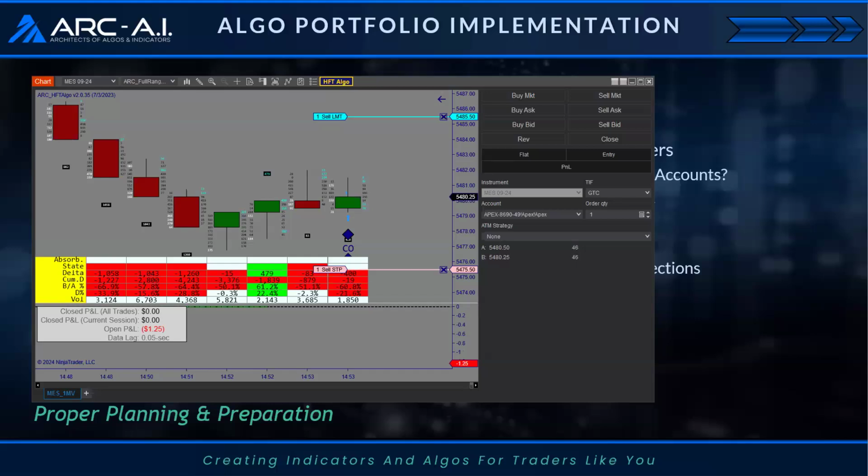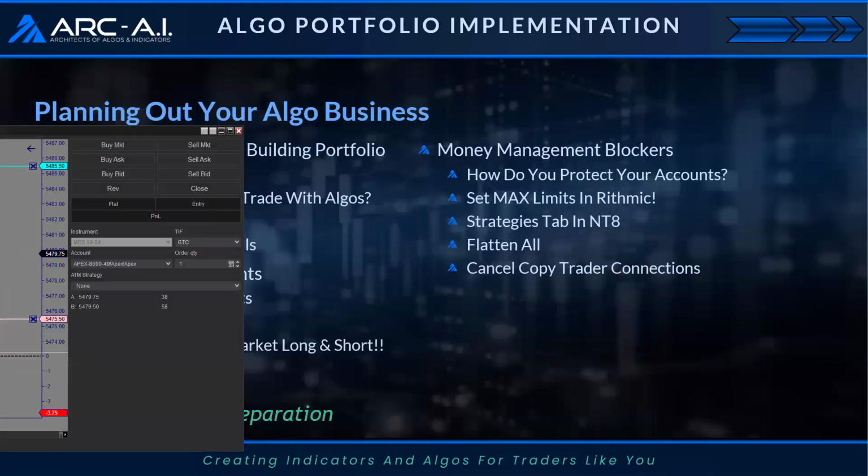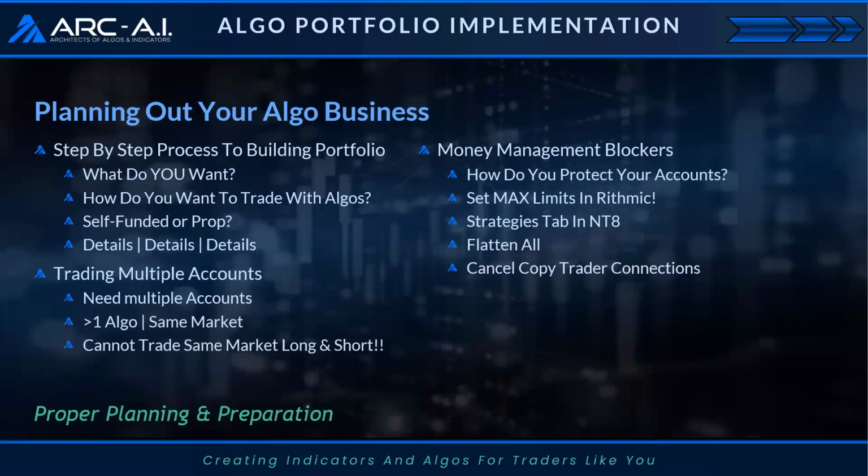I'm on the right account. I think I'm on the right account. Let me double check something here. See, I don't show the position in Ninja though. So no, I'm not in the trade.